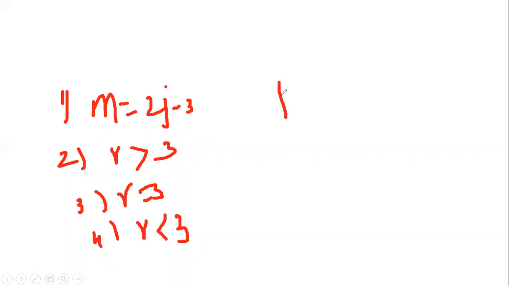Now we know that the question asked is about external indeterminacy. We know that DSI external of a truss is given by r minus 3. Now tell me, when will the truss be externally indeterminate?